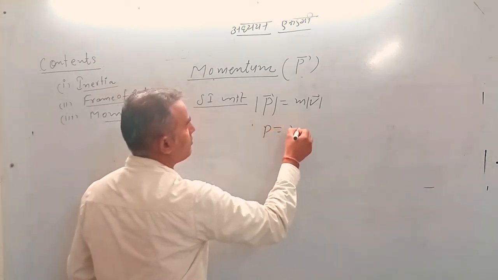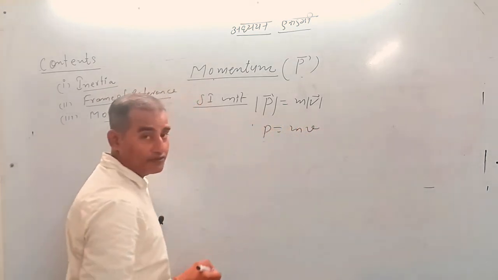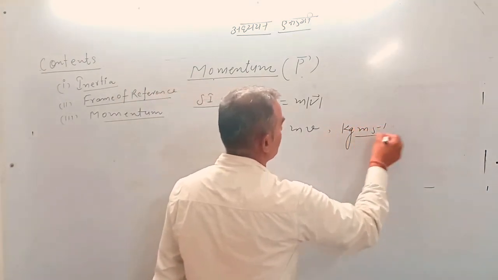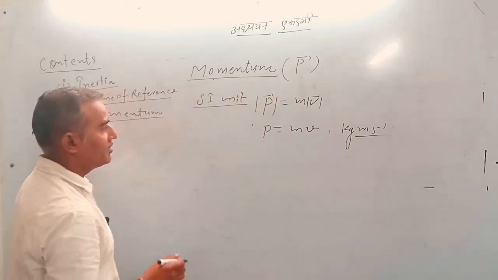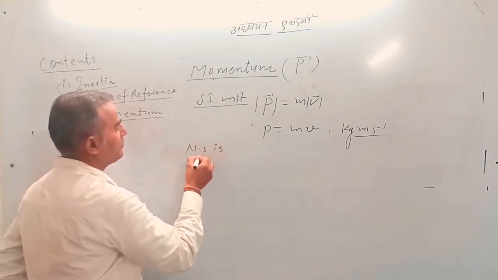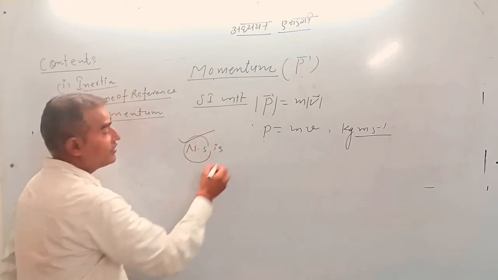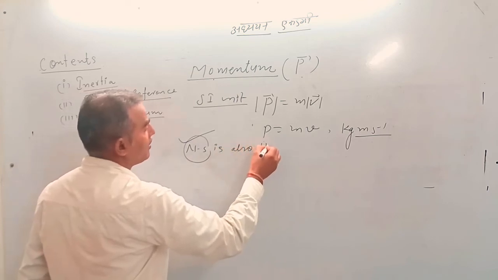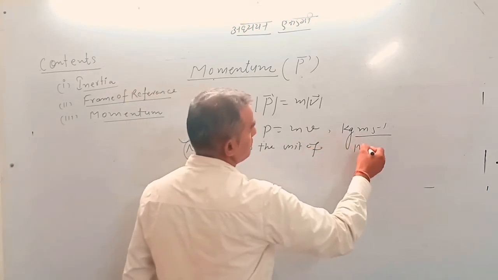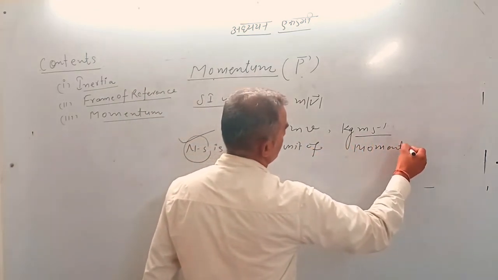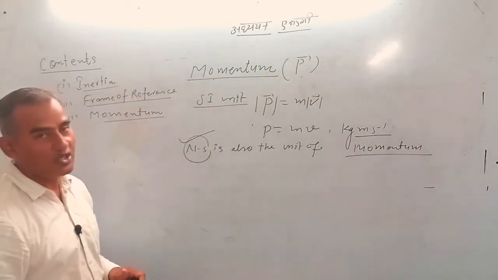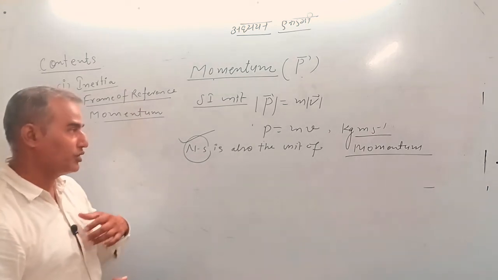The unit of mass is kilogram, and velocity is meter per second. This is the unit of momentum. Newton second is also the unit of momentum. तो यहाँ पे यूनिट किलोग्राम मीटर पर सेकेंड, न्यूटन सेकेंड is also a unit of momentum.